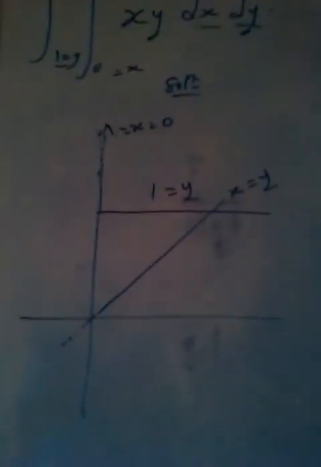If I have a function such that x is equal to 0, that means we are looking at values on the y-axis. So x is equal to 0, any value on this line. You get it? Good. So now we have the graph.